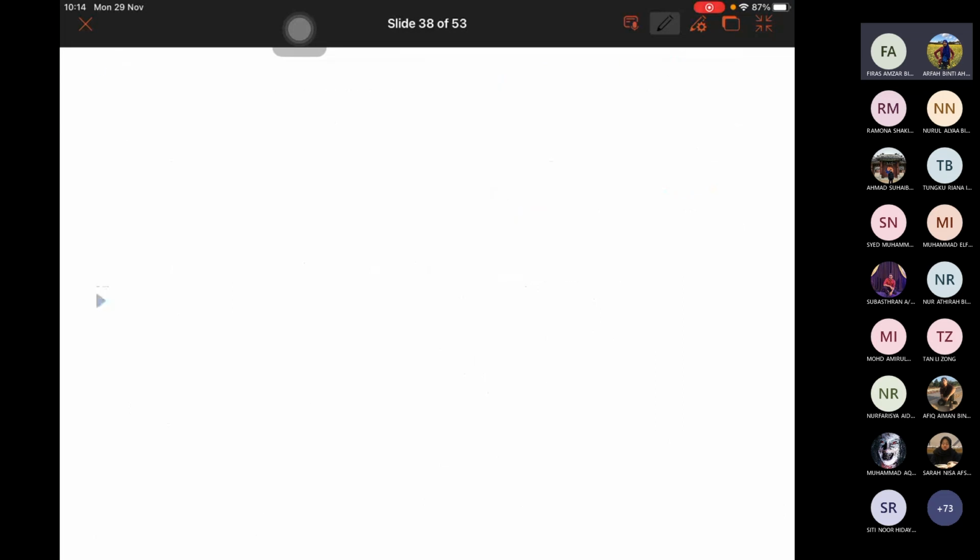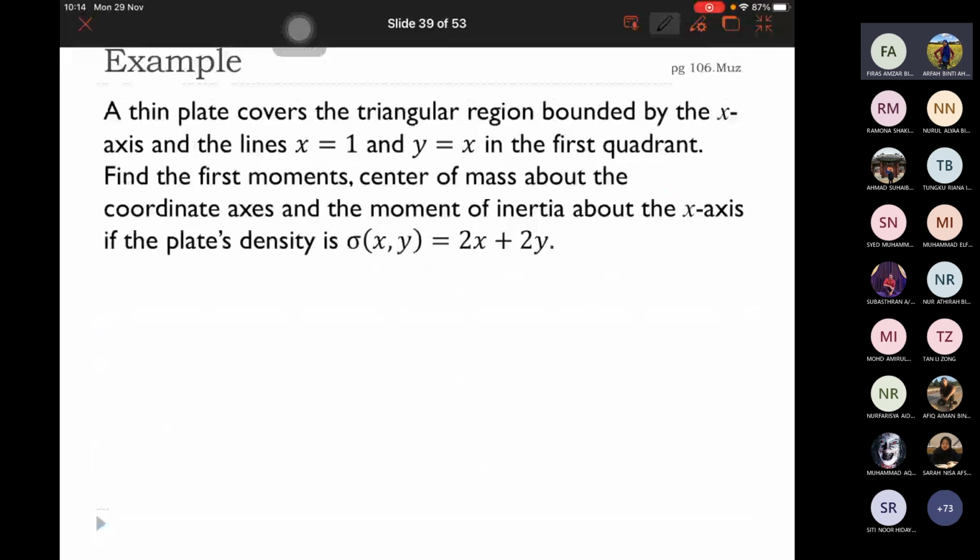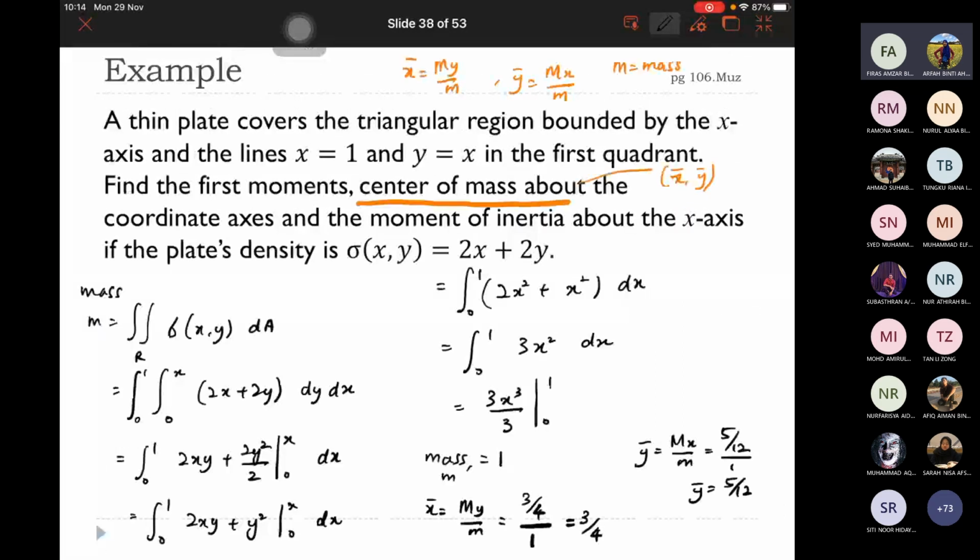So from here you will get the center akan sama dengan 3 per 4 dan juga 5 per 12. So nanti kita tengok dia punya location.